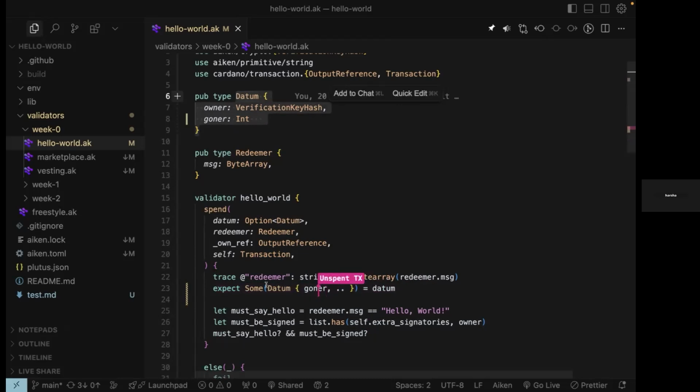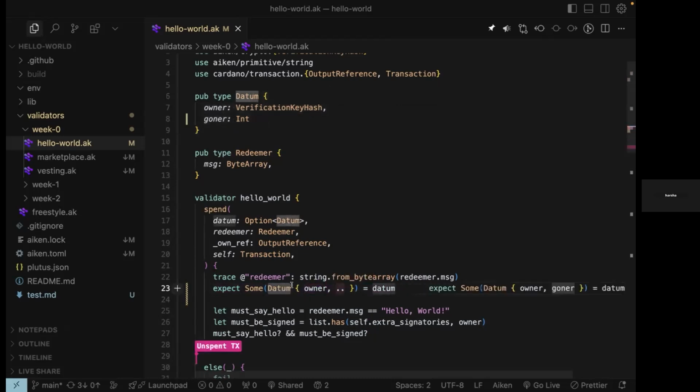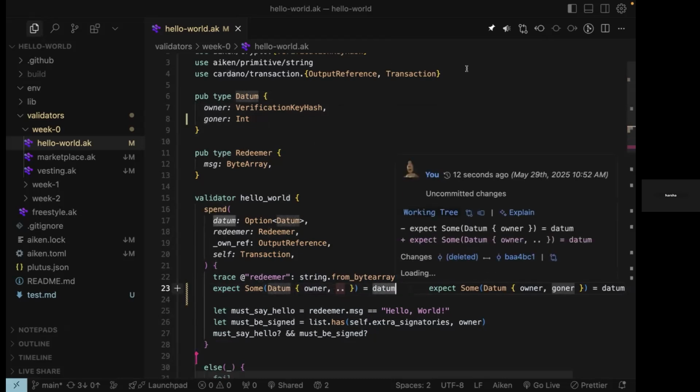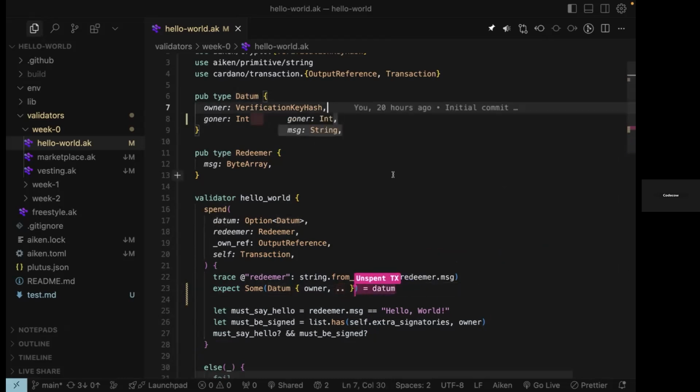You say datum, and in the curly brackets you mention which part you care about, and put dot dot. The dot dot literally means I don't care about the rest, and you save that part in a variable called datum. Are you guys cool? Yeah. The only thing is that last part. You're not saving it in a variable called datum. This is destructuring. Your variable is owner.